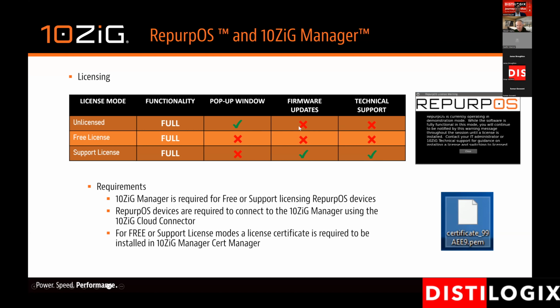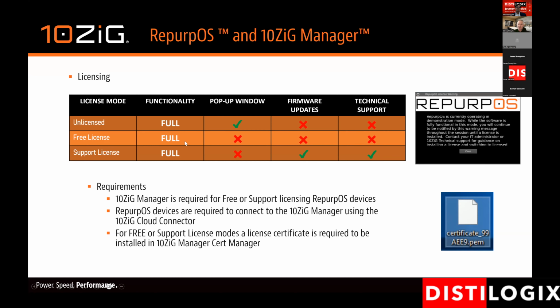Also, firmware updates aren't available, and obviously technical support is unavailable as well. But then you can register for a free annual license, which again will give you full functionality, but this time round you won't see the pop-up window.